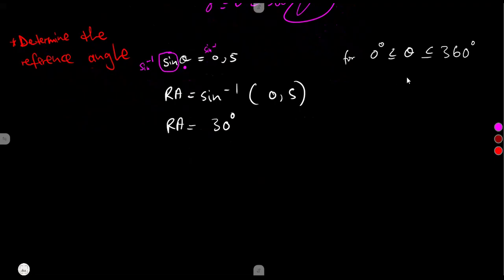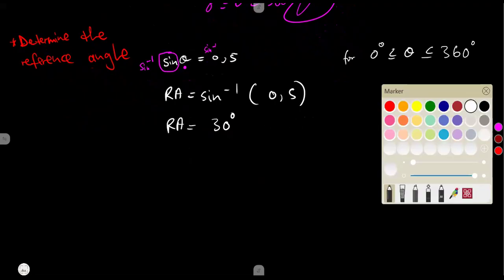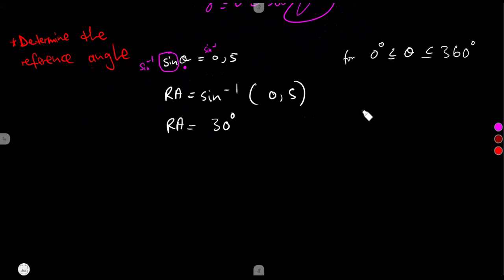So this is it. You have the reference angle. You are going to each quadrant and figure out where the sine of theta, the one that we are given on our original question as 0.5, is positive. As you can see, it is positive.